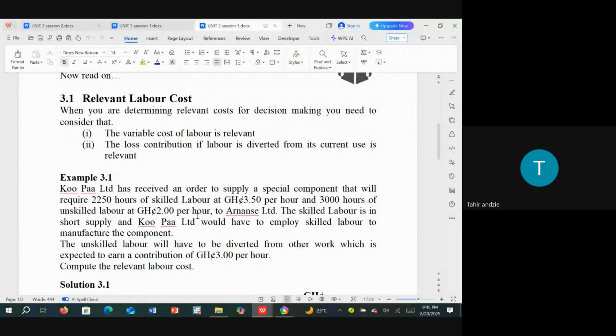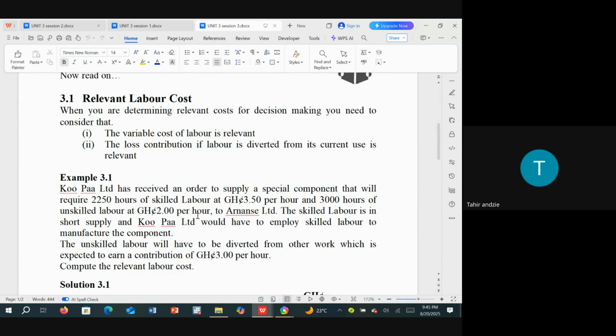So let's look at the skilled labor. What would be the relevant cost? 2,250 multiplied by the 3.5. Why are you saying so? I'm saying that because to get the actual amount to be paid to those who are skilled, you need to multiply the amount per hour by the hours they worked.